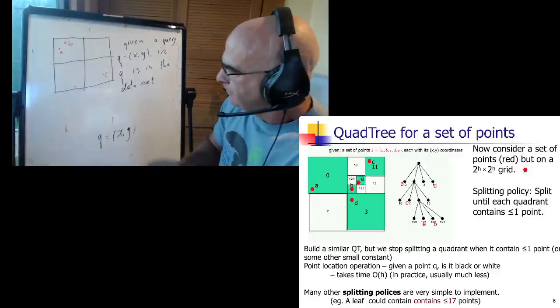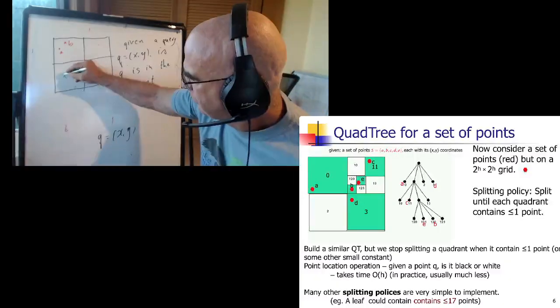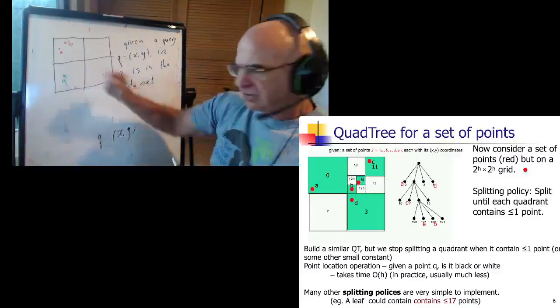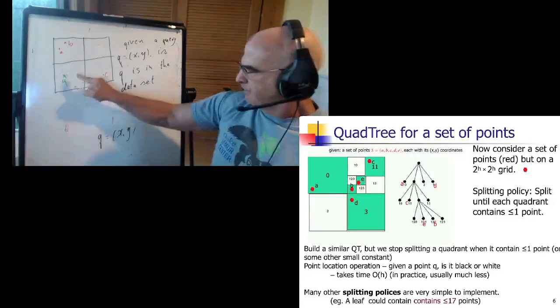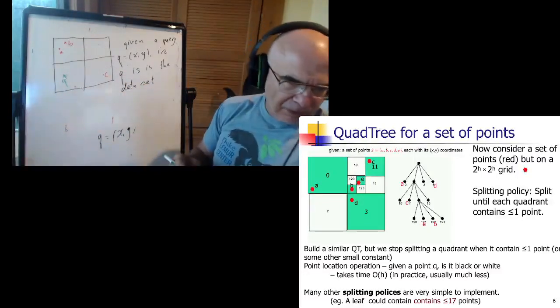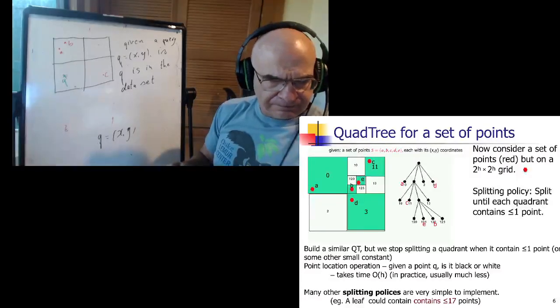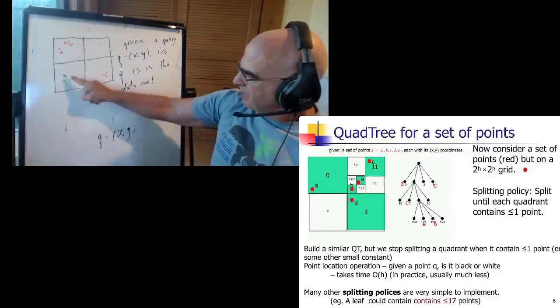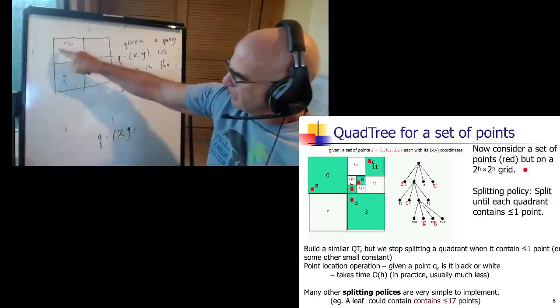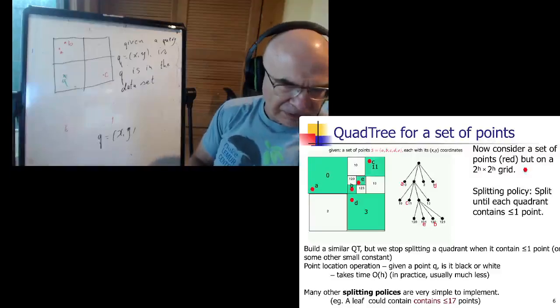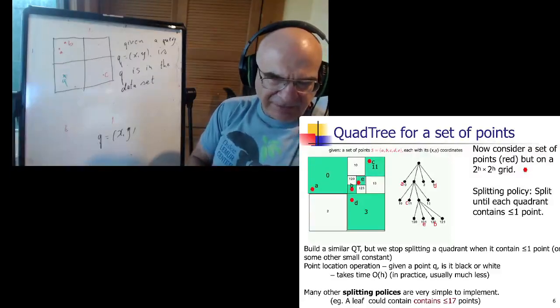I tell you, Q, I just teleported, I jumped in Minecraft from one location to another. I just landed right here. Are you on one of the data points or not? And of course, I can ask, hey, do the coordinates of Q equal the coordinates of A? Do they equal the coordinates of B, or of C? But if I have a lot of points, that's a much slower operation.